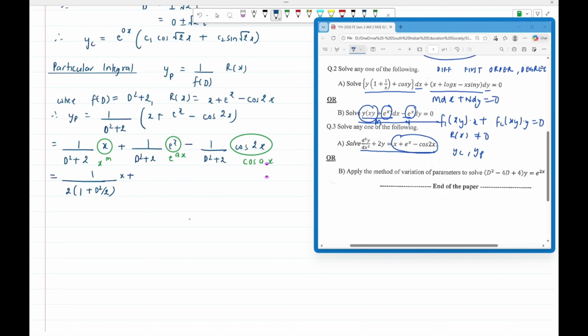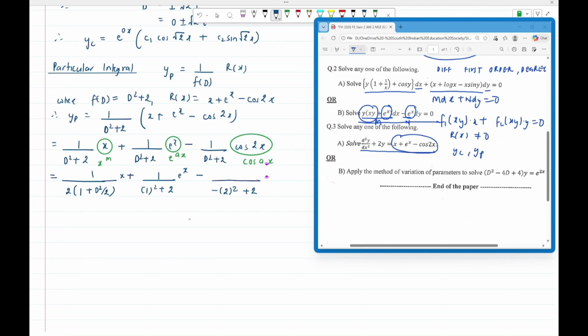And if it is non-zero, then we are done. In this case, if you see, the value of a is 1. So this is going to be 1 square plus 2 in the denominator, and here we will have e raised to x. And the denominator evidently is not a 0 value. Now coming to this side, the value of a is 2, and since we have got a d square here, we are going to replace d square by negative of a square, that is negative of 2 square.